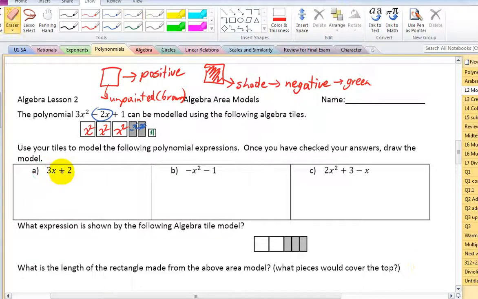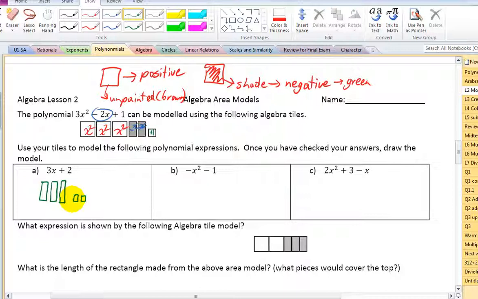So I want you to draw now for your notes. Some people start using squares, but we don't have squares. We have rectangular x's. In fact, we should have 3 of them, and then we should have 2 small squares. And you should have seen brown, because they were positives. We're doing unshaded or unpainted as positives.